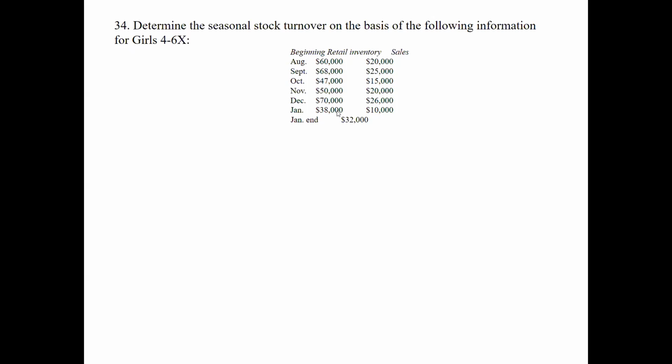So these are your beginning of month inventories from August to January. The end of month for January is 32,000. And these are your sales figures from August through January. This is problem number 34 in your textbooks.